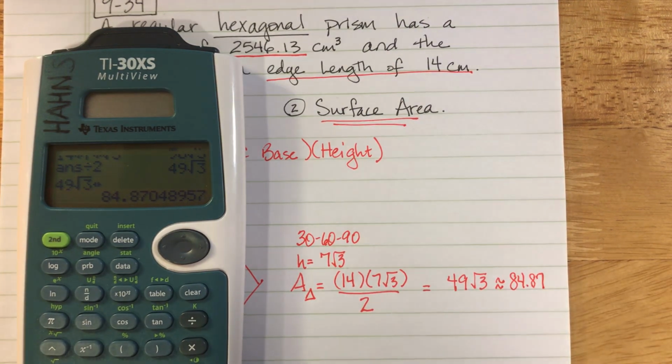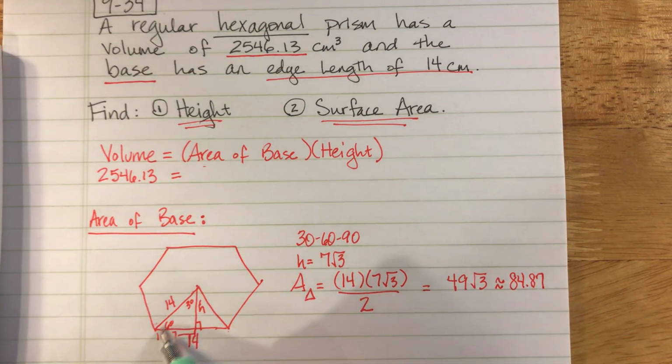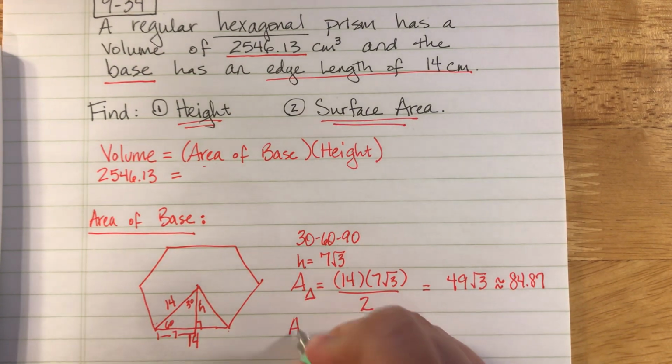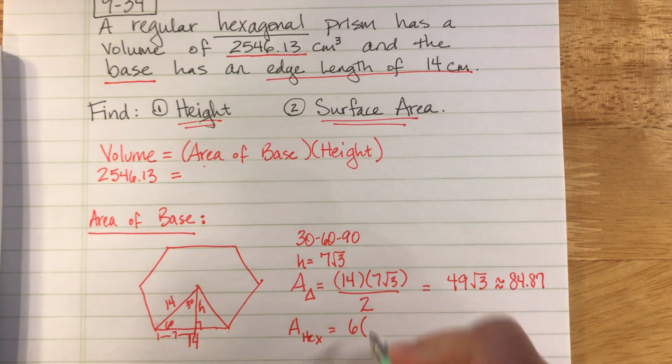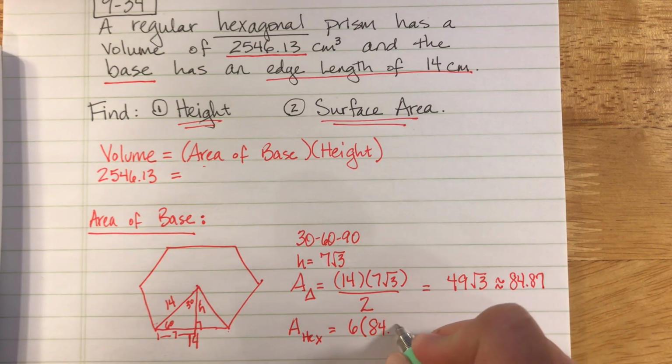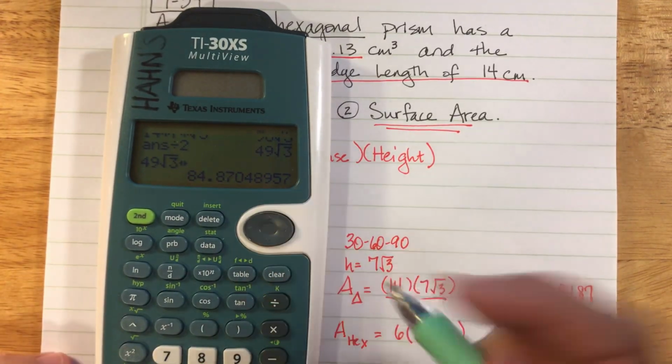But that's not the area of the hexagon, that is just the area of one of these 6 equilateral triangles. So to find the area of the hexagon, I'm going to do 6 times 84.87.